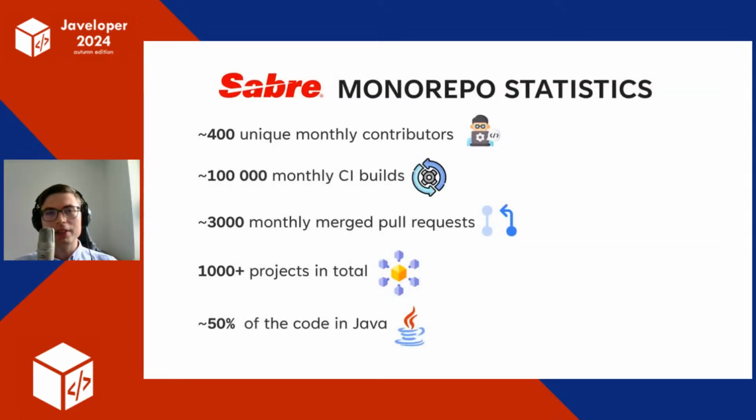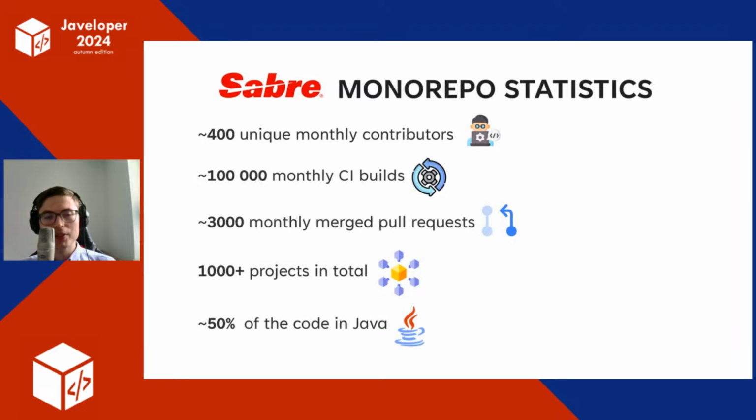And just to give some credibility to this experience that I'm sharing, I wanted to share a few statistics. This Monorepo solution that I am a part of developing here in Sabre has 400 unique contributors every month. Every month we run 1,000 CI builds. Every month we have around 3,000 pull requests merged, and our Monorepo hosts over 1,000 projects.